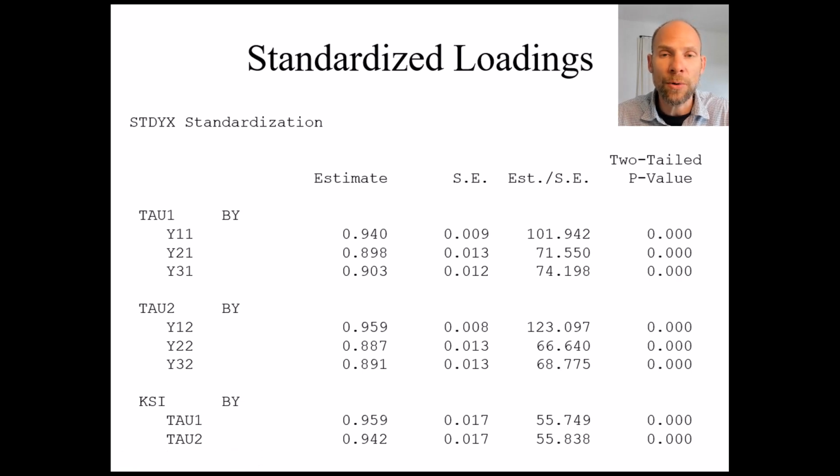So this already shows us that this construct is much more trait-like than state-like. There's not much of a situational component here. So this could be, for example, scores on an intelligence test or cognitive abilities test, or another very stable personality trait that does not show much fluctuation across situations.